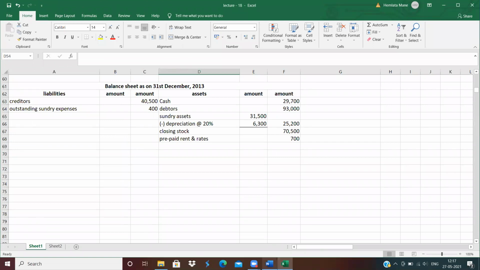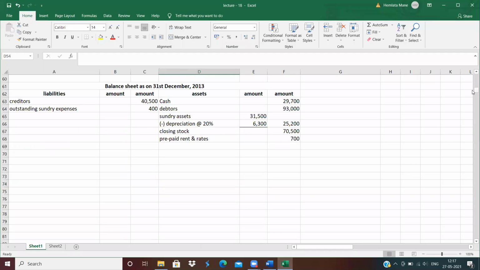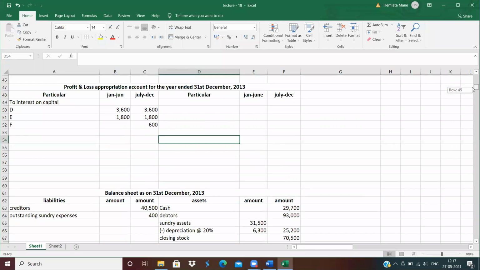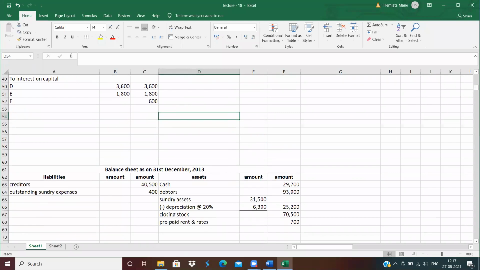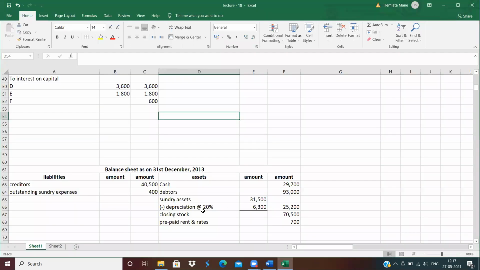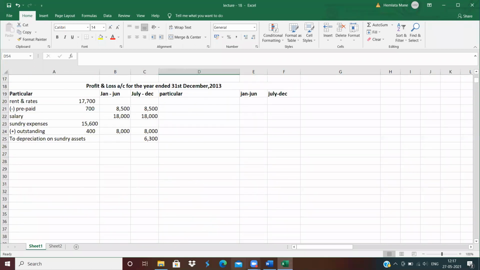Next is outstanding sundry expenses. First effect, add in sundry expenses. Second effect, liability side. Next is depreciation of assets. First effect less from assets and second effect P&L account debit side.